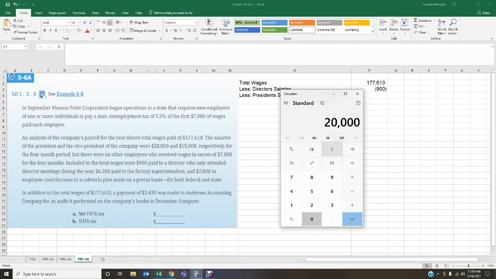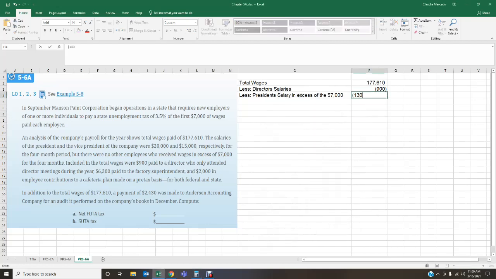Well, I got $20,000. That's how much he got paid. We are only going to pay taxes on the first $7,000. That means $13,000 that were included in those $20,000 are not taxable. So I'm going to deduct those $13,000. I'm also going to deduct the vice president's excess.